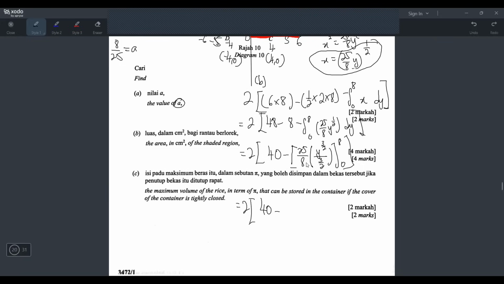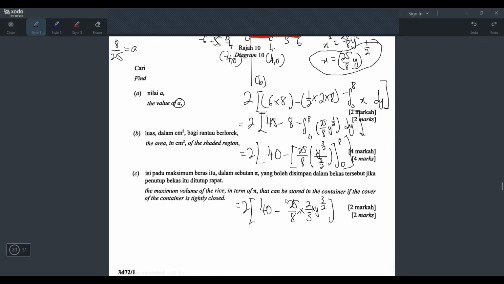Okay, this one you can simplify. But how? The 3 over 2 is at the bottom, right? So when it is at the bottom, it means 25 over 8 divided by 3 over 2, which means times 2 over 3. Because the 3 over 2 is at the bottom, it means divide by 3 over 2. So dividing by 3 over 2 means multiplying by 2 over 3. And then y power 3 over 2 times.